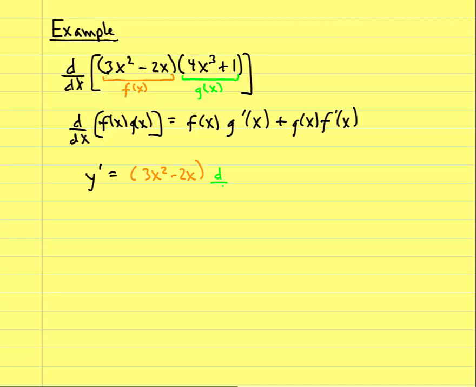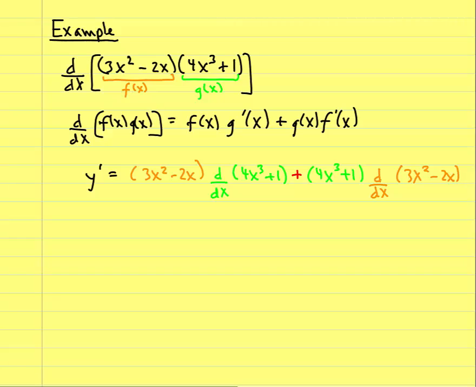So I'm going to write the derivative of my second function. So I'm laying out my plan here, plus the second function, which is 4x cubed plus 1, times the derivative of the first function. First times the derivative of the second plus the second times the derivative of the first.